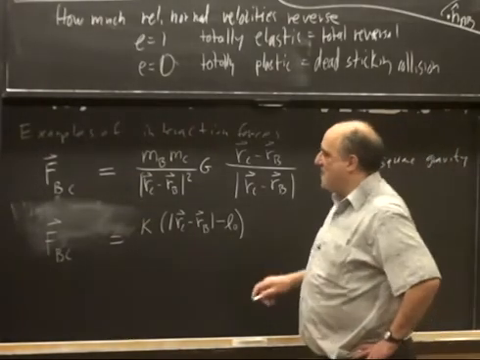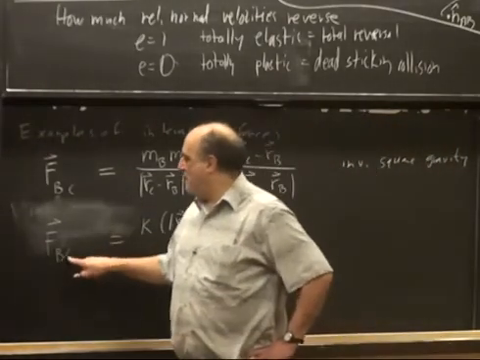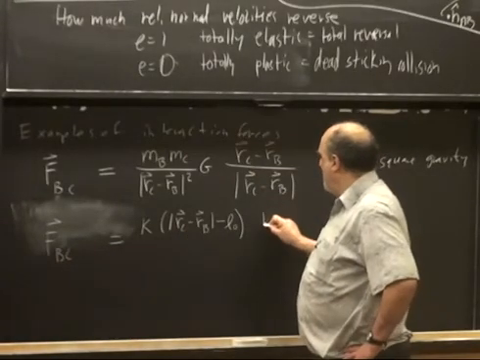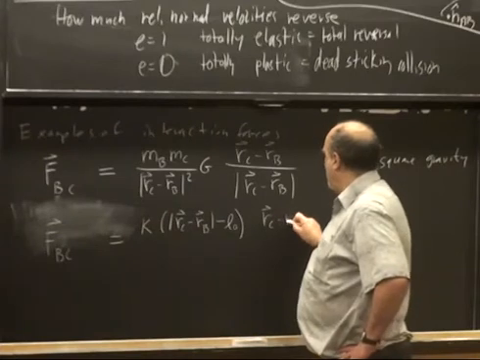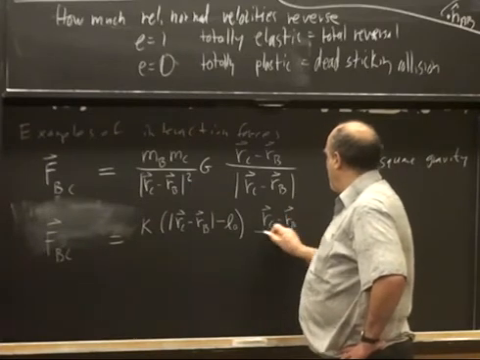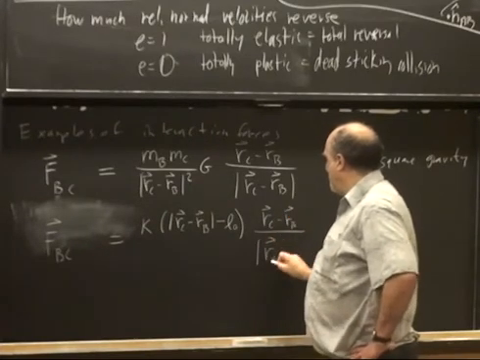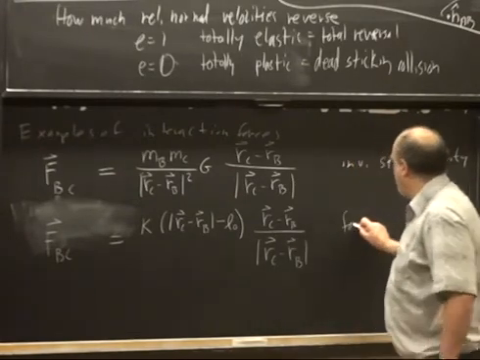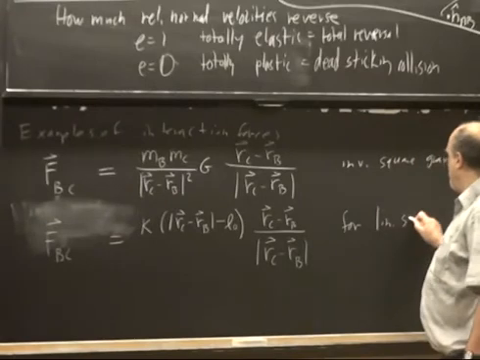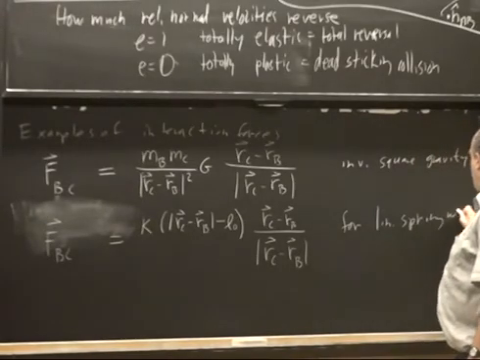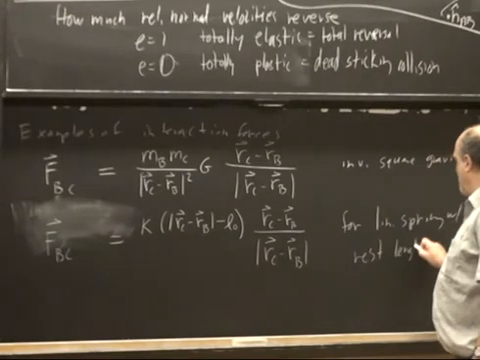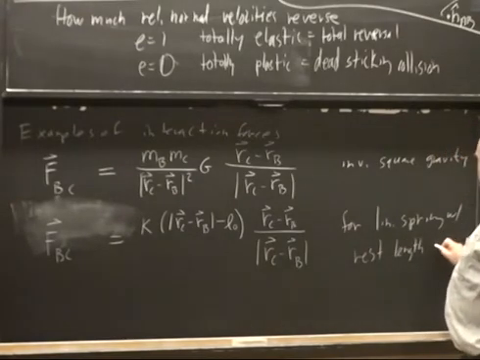A unit vector in the right direction, if we're looking at the force on B from C, would be the position of C minus the position of B divided by the magnitude of RC minus RB. And this would be for a linear spring with rest length equal to L0.